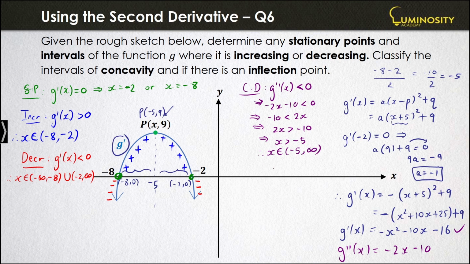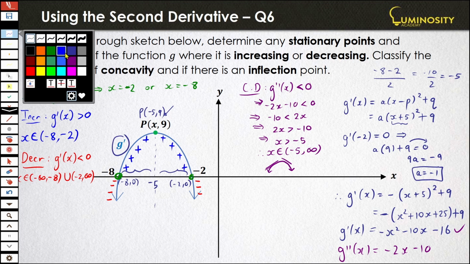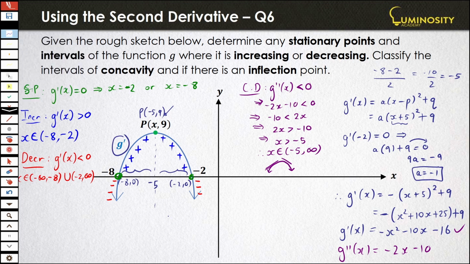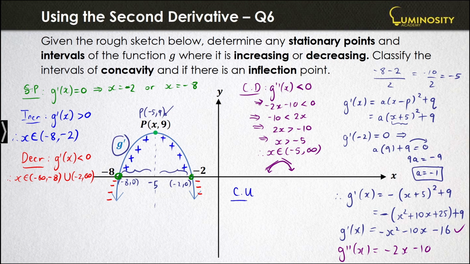That is where your graph is concave down. It's got that shape and it is lying below your tangent lines. What about concave up? That's when the second derivative is greater than 0. So again, algebraically, that's -2x minus 10 greater than 0.